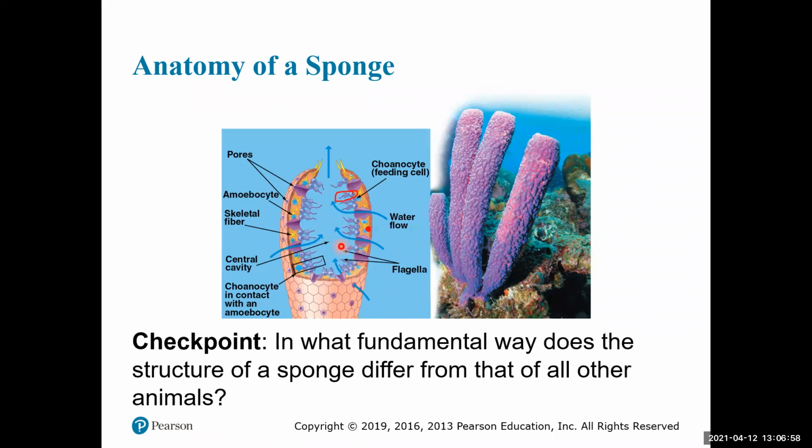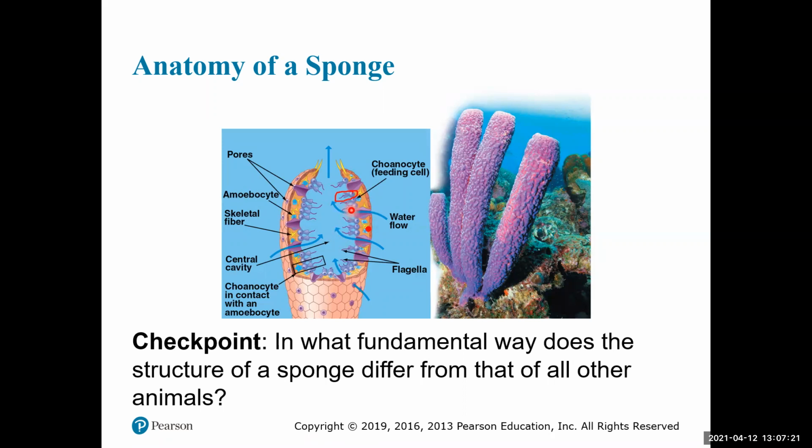And then that water will flow up and out of that opening in the top, like we see here. And as that water flows across that choanocyte, it's filtered by a collar cell. And that collar cell is that little kind of collar that's at the end of the cell.